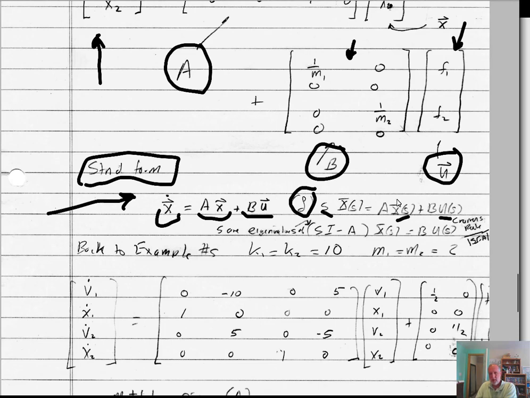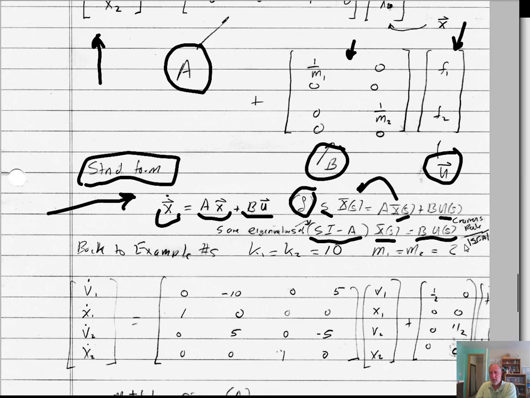And then we move this term over to this side because we want to collect all the x's, because we're solving for the x's. So we get sI minus A times x is equal to B times U. And then this is a matrix, right? We've just moved some of these matrices around and collected it together.